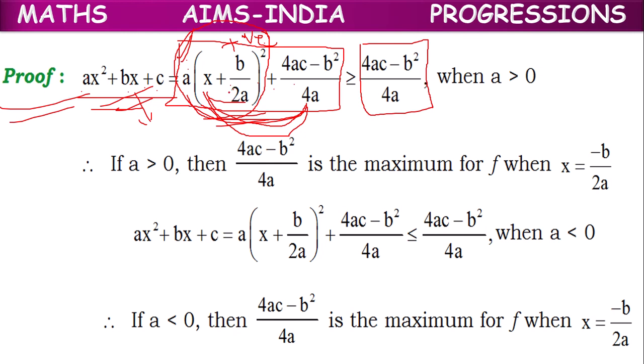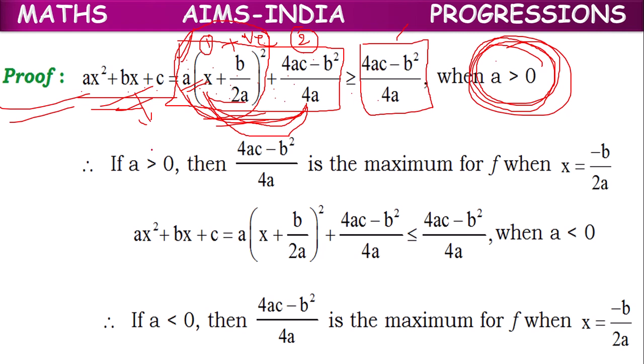The sum of these two, the sum of the first one and the second one, if a is positive, the sum of 1 and 2 is always greater than or equal to 2. In what condition? If a is greater than 0.